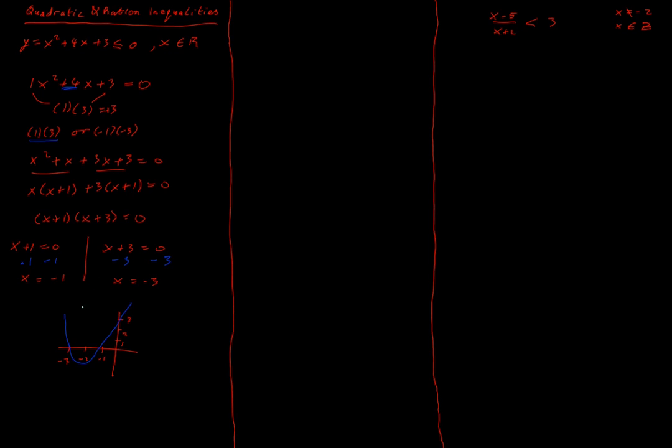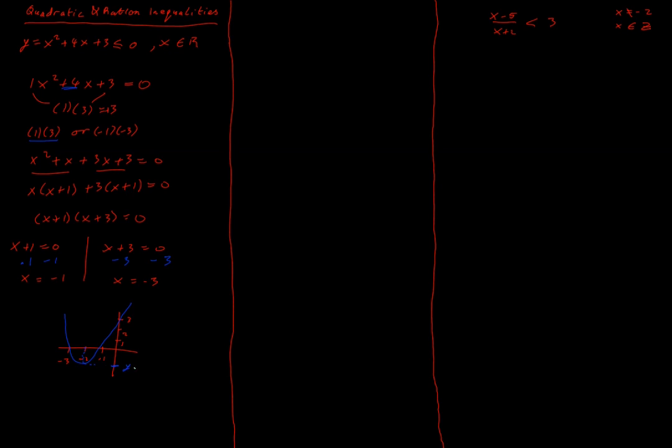And I am looking for where this quadratic is less than 0. Where is the y output of this function less than 0? Well, if I, for instance, subbed in x is minus 2 into my quadratic, I would get out a negative value for y.